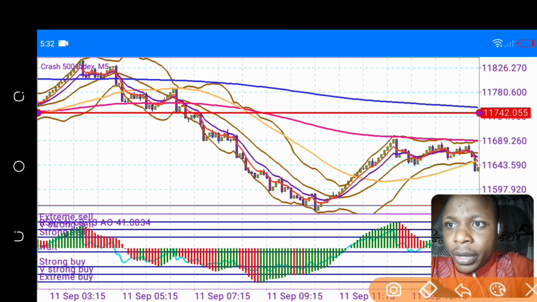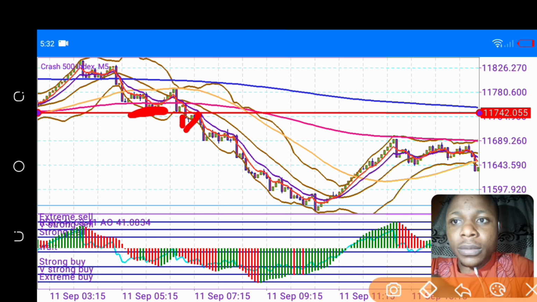After breaking this support line over here, just draw a support line and wait for it to pull back to touch it. It will turn to resistance. Do you see that one? Do you understand?